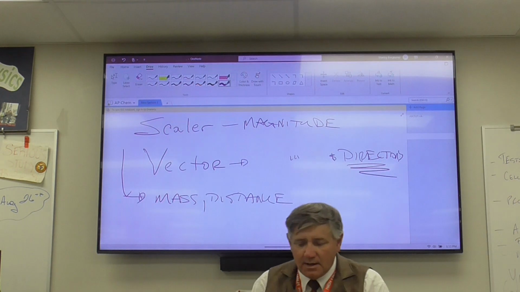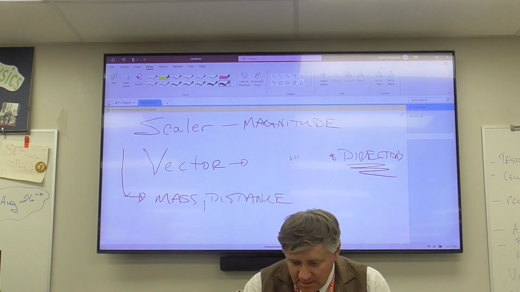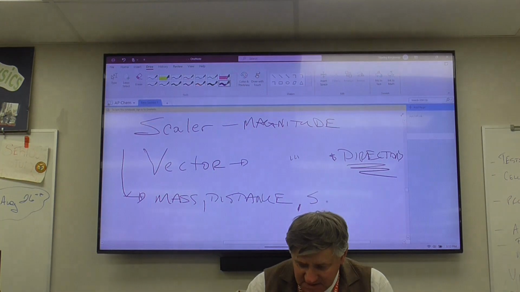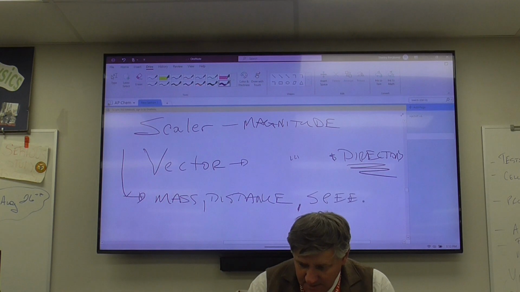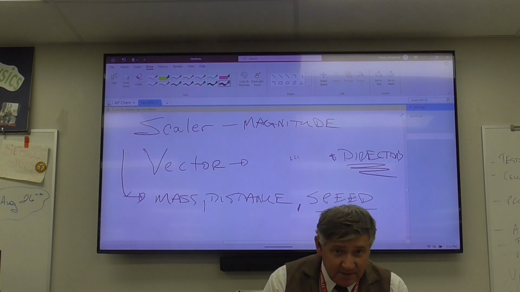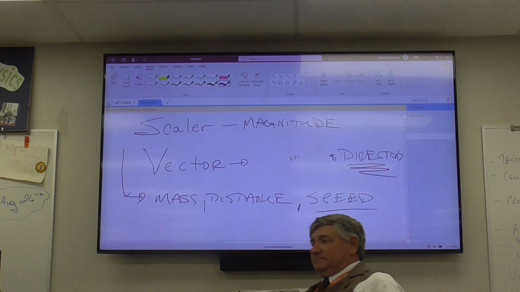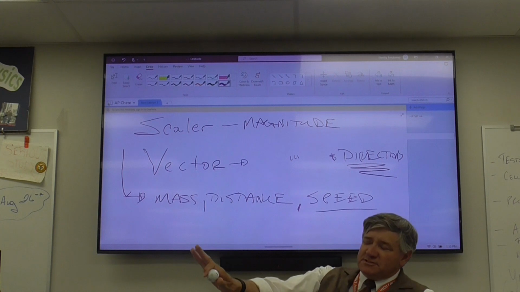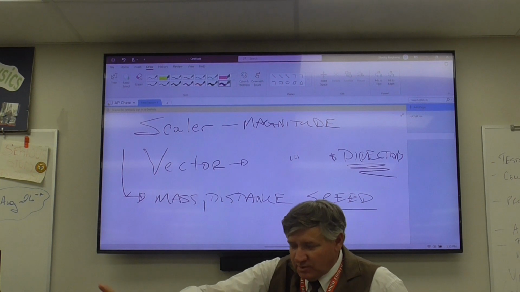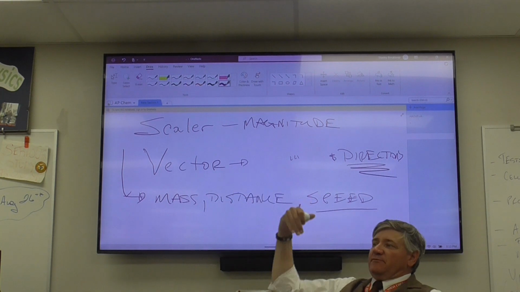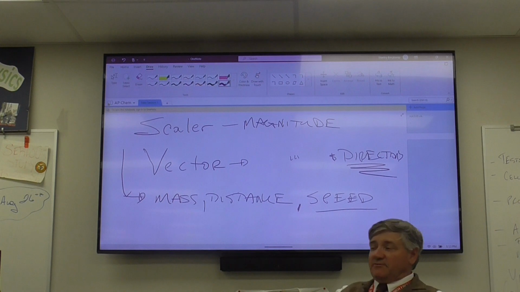That's it. Now, the other one is speed. For those of you that drive over from May South, ballpark estimate, what's your average speed when you're driving from May South over here? 47. 47 miles per hour.